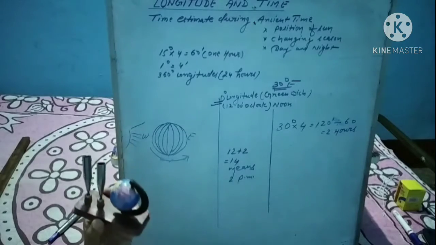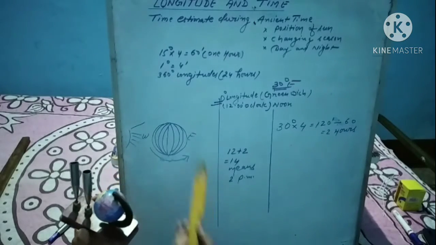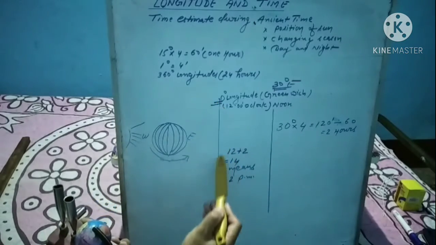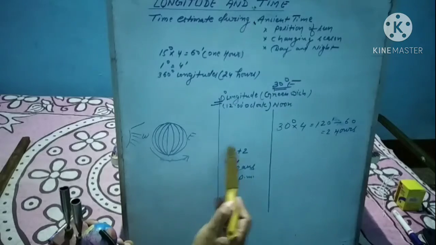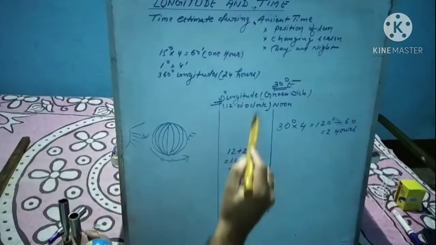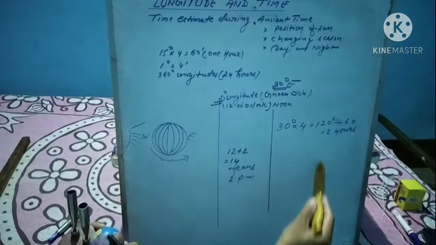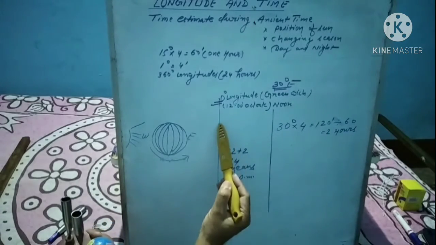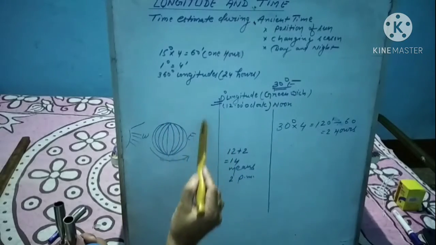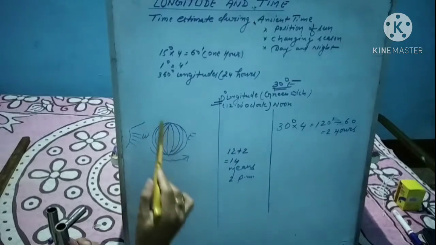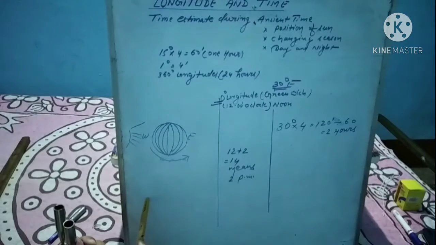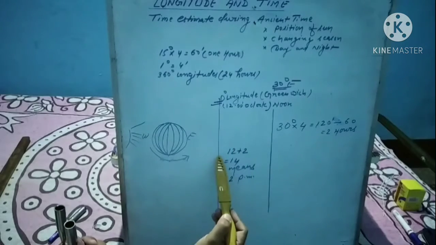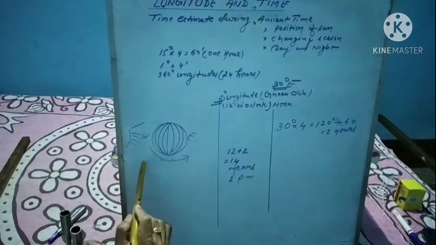Earlier we have studied what? The total number of longitude is 360, because from 0 degree longitude eastward, by following 1, 2, 3, 4, the last number longitude is 180, and from 0 degree to west direction, by following 1 degree, 2 degree, 3 degree, the last number of longitude is 180. 180 from 0 to east direction and 180 from 0 to west direction.